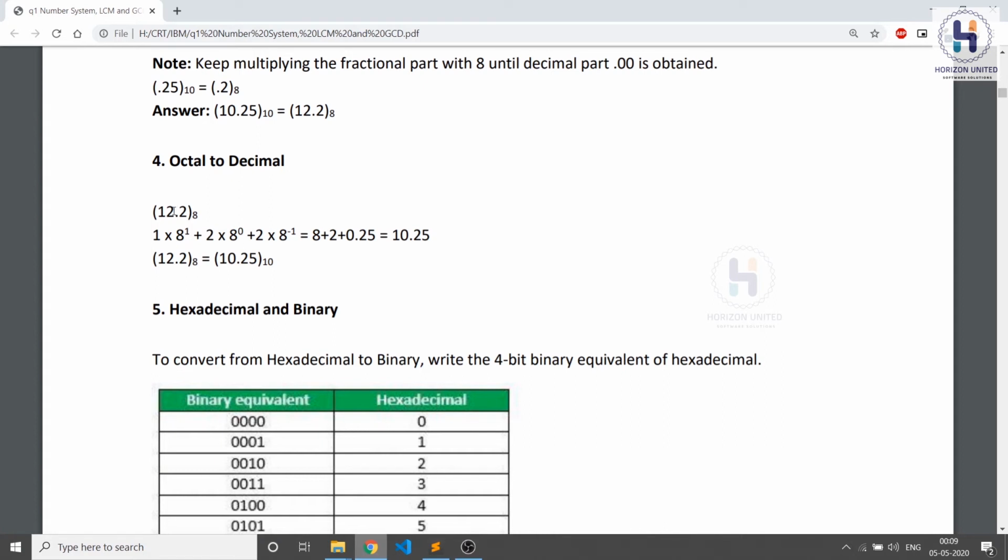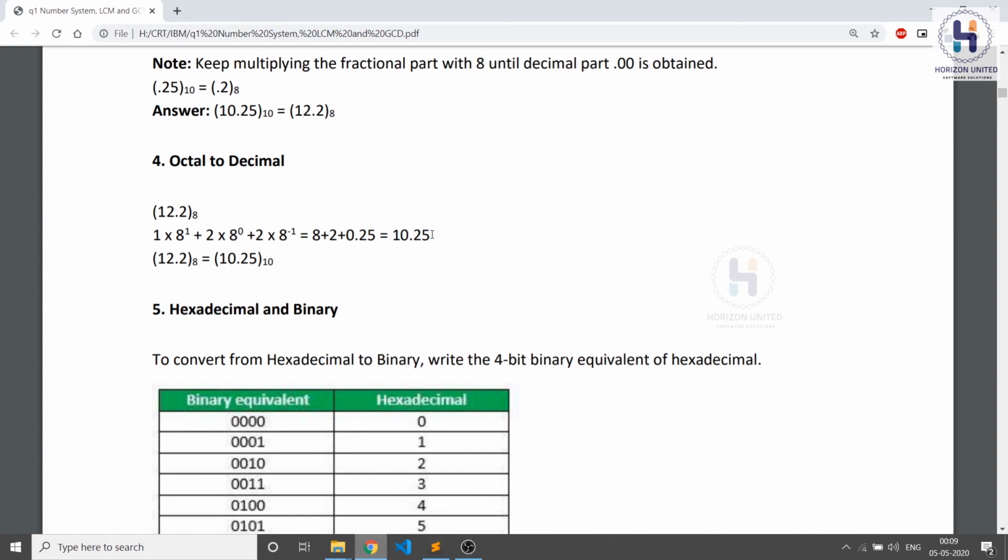Here we have to use 8: 2 into 8 to the power of 0 and 1 into 8 to the power of 1. Then for the fractional part, you decrement from 0, like 2 into 8 to the power of minus 1. The result will be your decimal number.